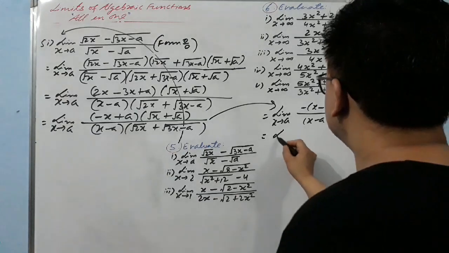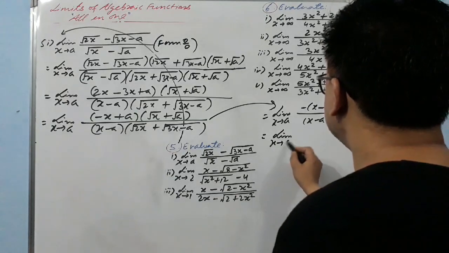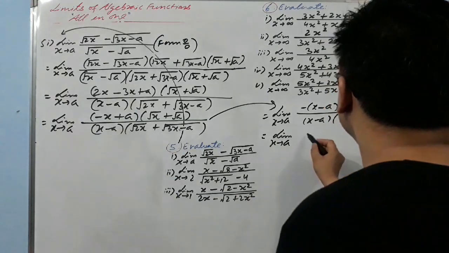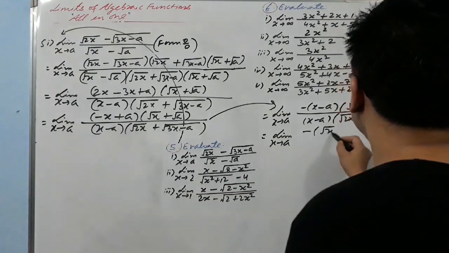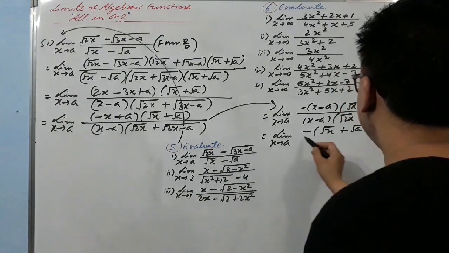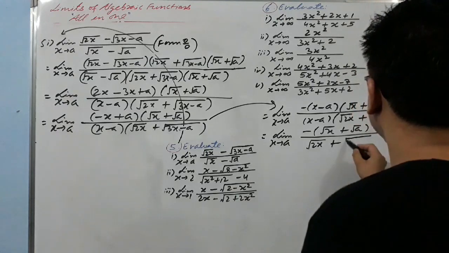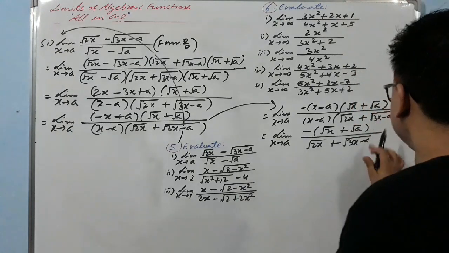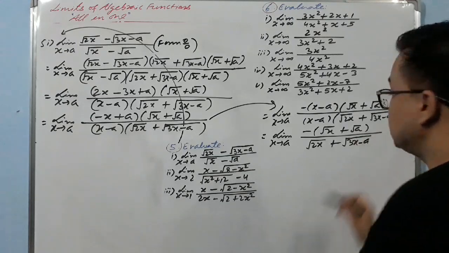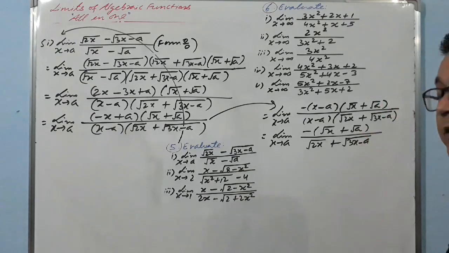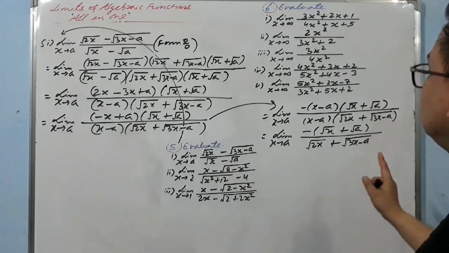This is equal to the limit as x tends to a, and after cancelling we will get minus root x plus root a over root 2x plus root 3x minus a. If you substitute x equal to a here, you are not going to get an indeterminate form.